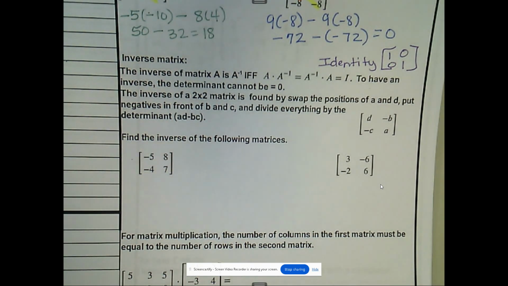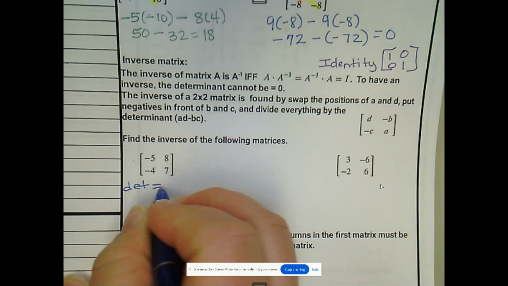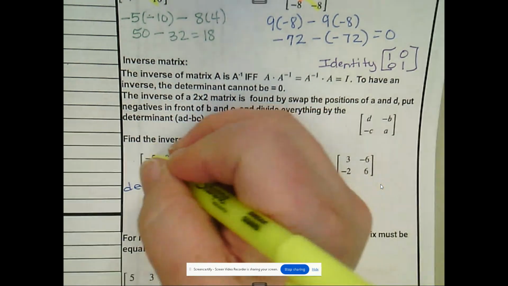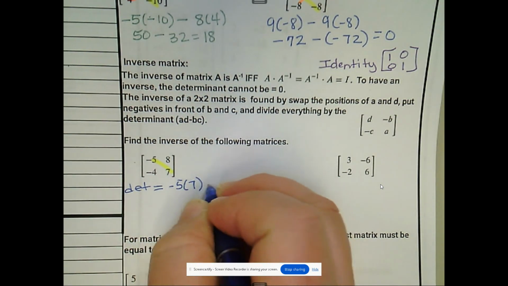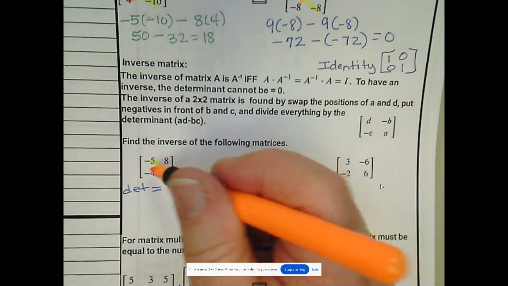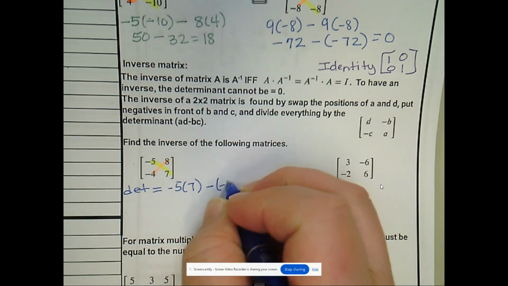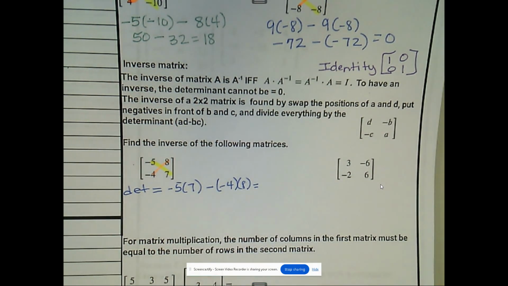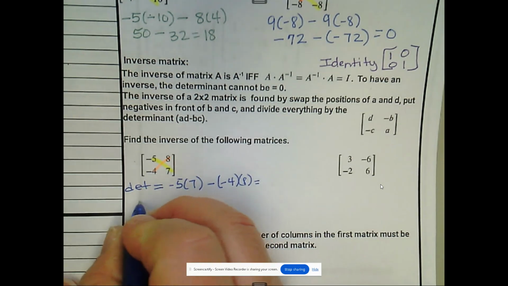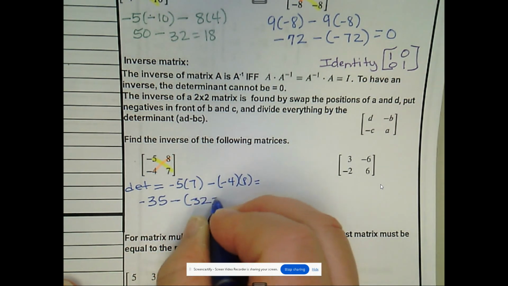Okay, so let's see what our determinant is. Okay, -5 times 7 minus -4 times 8. -35 minus -32.